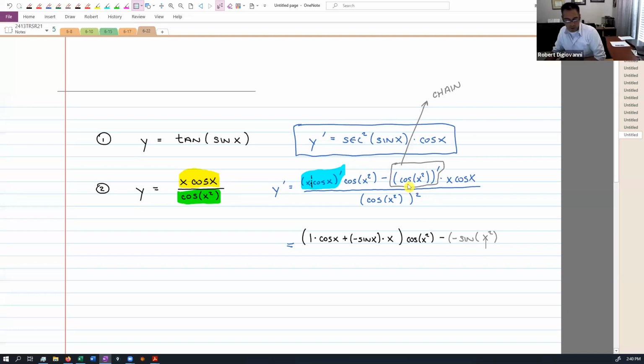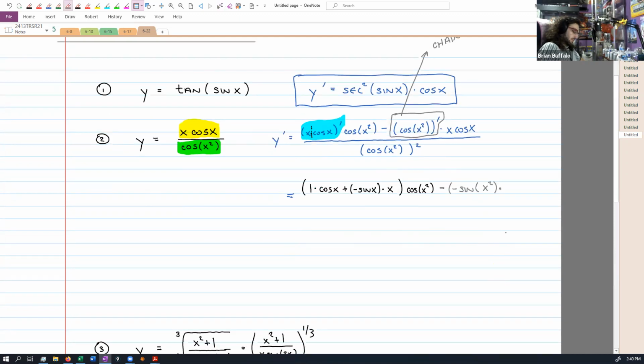Well, the derivative of cosine of x squared, because this is composition, right? Cosine of x squared, take derivative of cosine of this, that's negative sine of it. But then next to it, you need what? The chain, right? Let's look at it by itself down here.